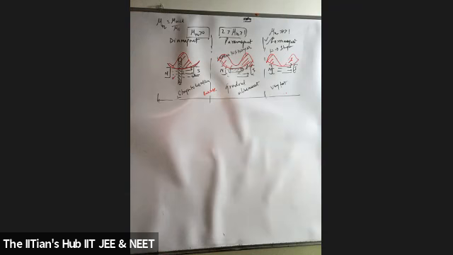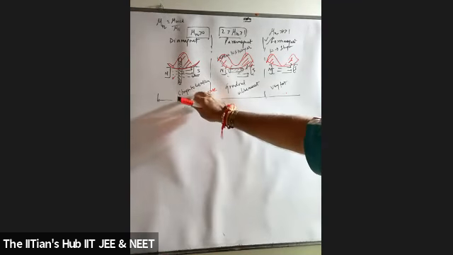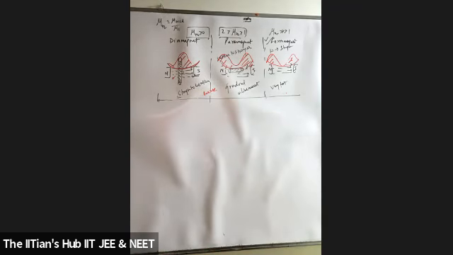In diamagnetic, students put example water also. Water is a diamagnetic substance. Salt is also diamagnetic.